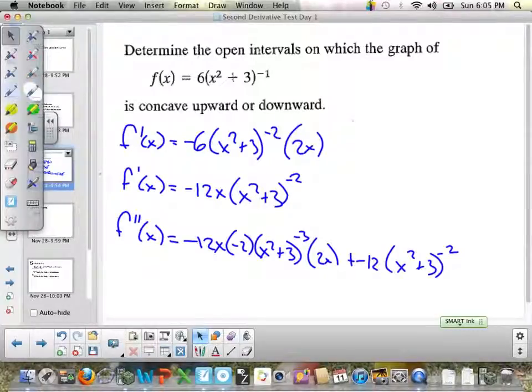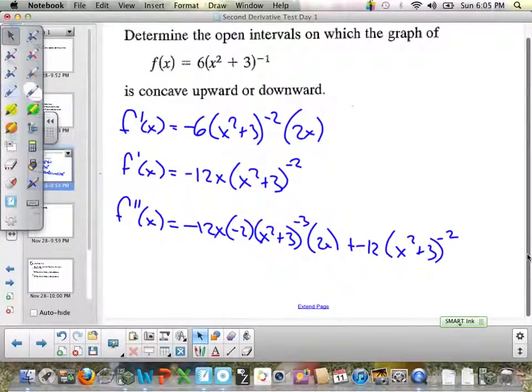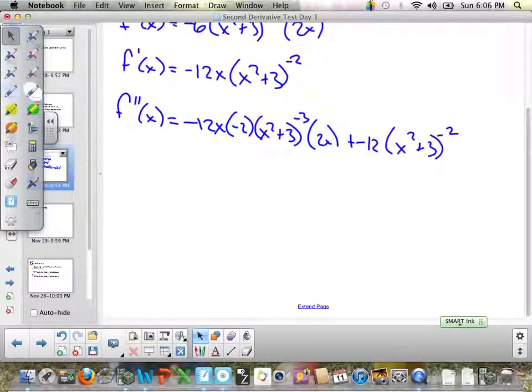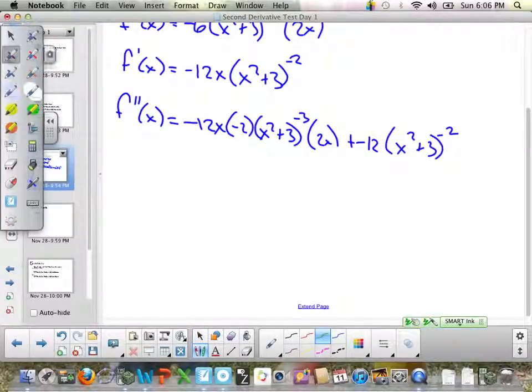All right, for this to be a little bit easier to work with, we're going to want to convert it to fractions. We've got the negative exponents. Let's convert this to fractions. All right, so to the negative 3, that will be on the bottom. So it'll be negative 24x squared in the numerator. Check that.